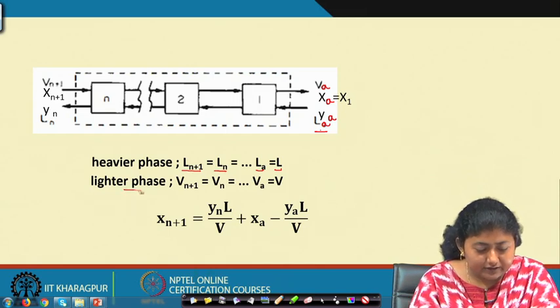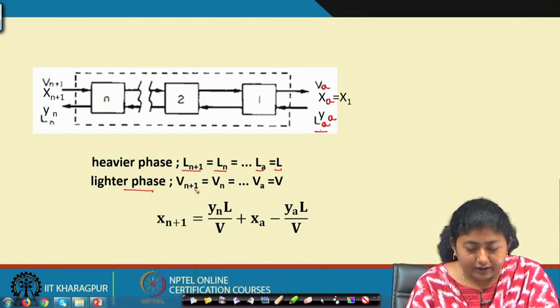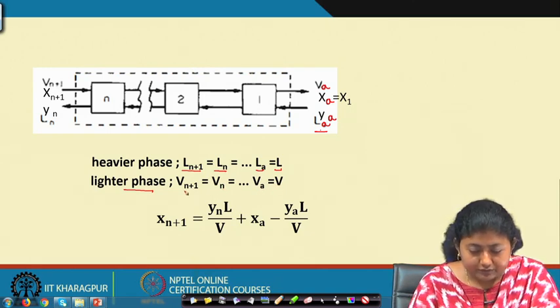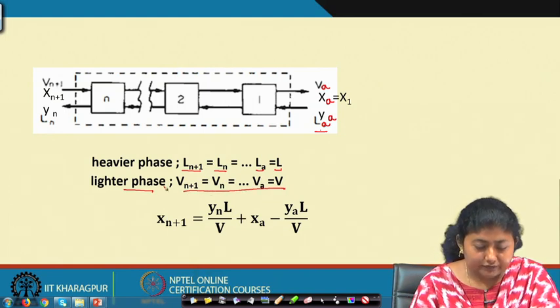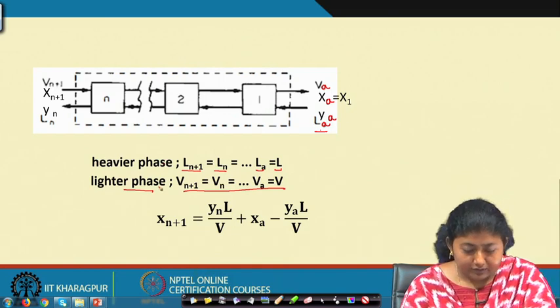Similarly, the lighter phase, so V n plus 1 is equal to V n, equal to V A, eventually V. So, this stream also has the same heavier phase and lighter phase. Lighter phase means the solvent, heavier phase means the feed stream or the feed slurry.